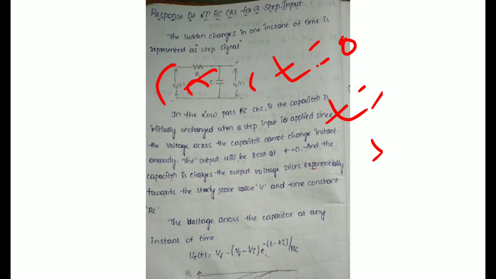Because the capacitor charges, the output voltage rises exponentially towards the steady state value at the time constant. At time constant T is equal to tau, or T is equal to 0 plus or 1, the capacitor charges.